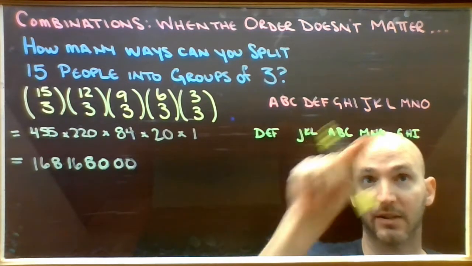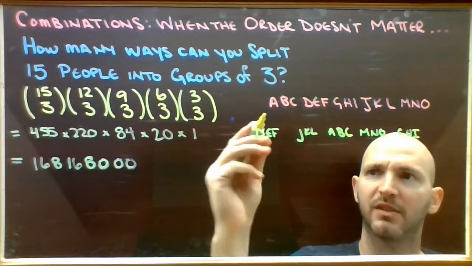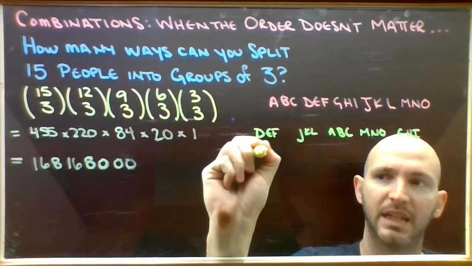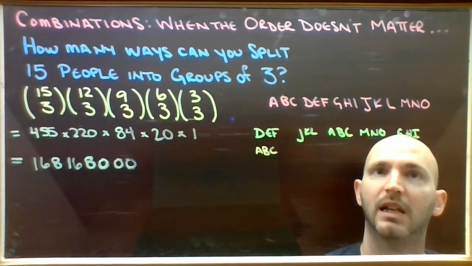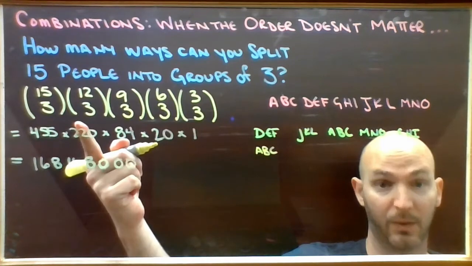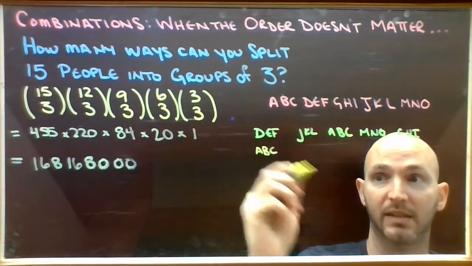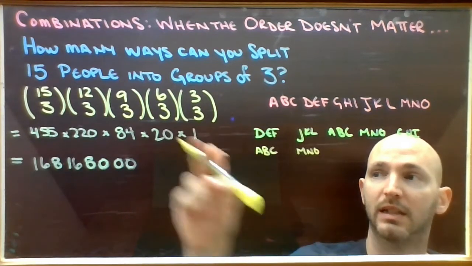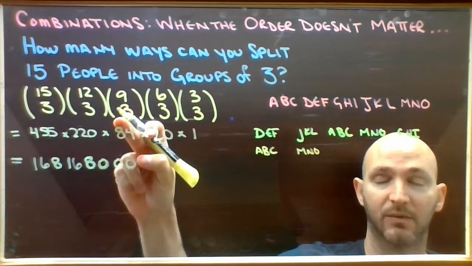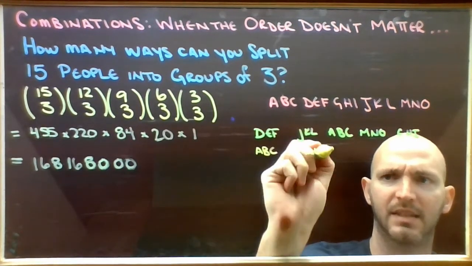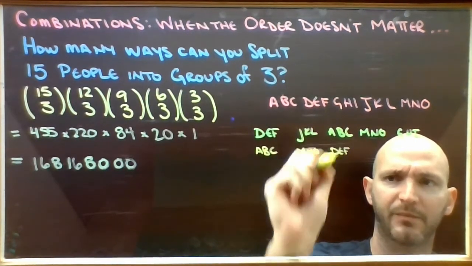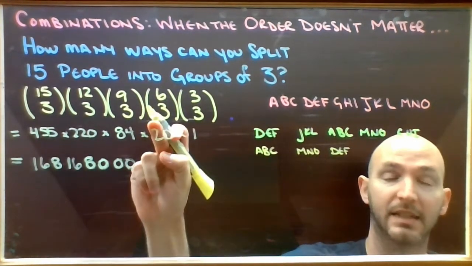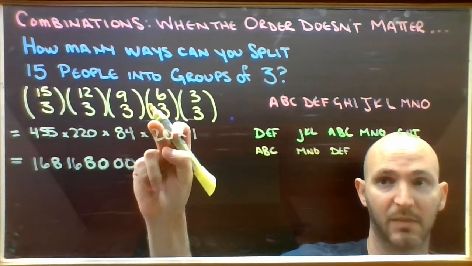Now I'm going to do this exercise again. Of my 15 letters, I'm going to choose 3. So I'm going to choose the A, and the B, and the C. And then I'm going to choose 3 of the 12 that are left. So I'll take the M, the N, and the O. And then I need to take 3 of the 9 that remain. So I'll take the D, the E, and the F. Then I need to take 3 of the 6 that remain.